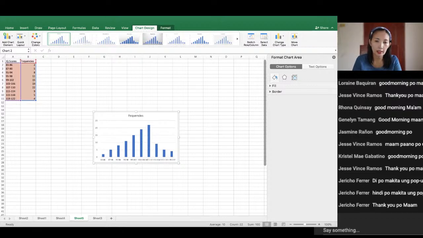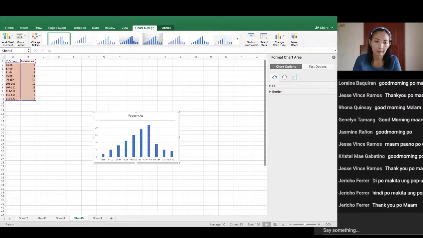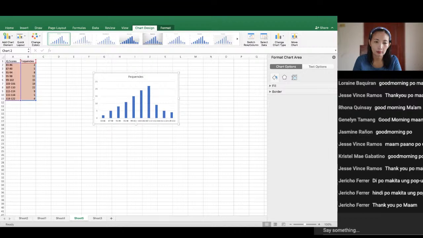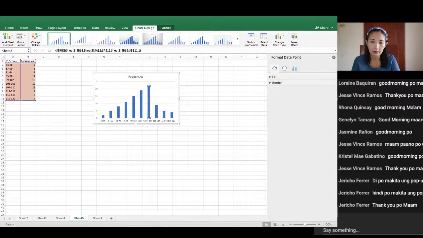And then click on this. Format data point will appear. It's not format data area, but format data point.